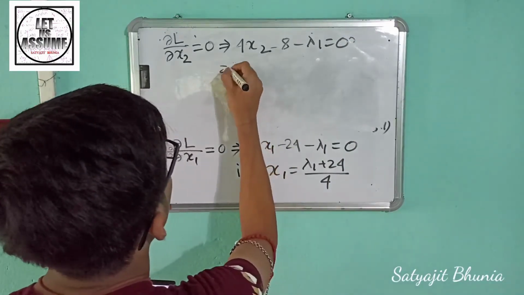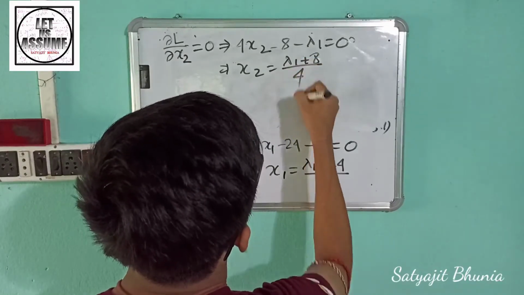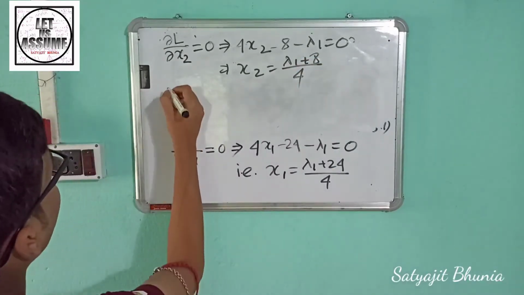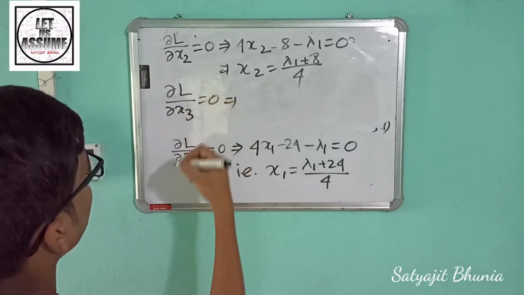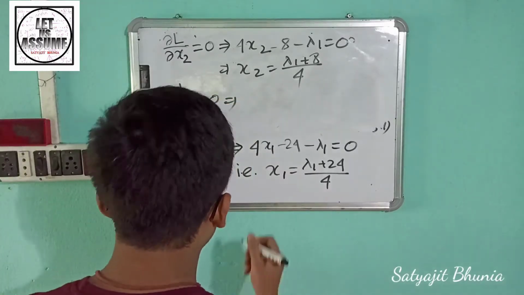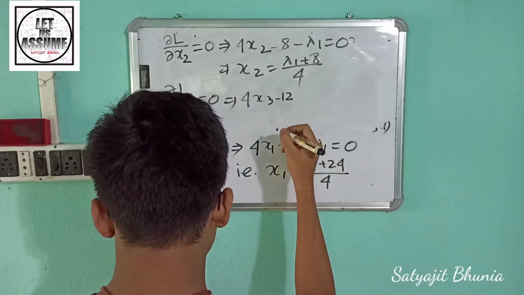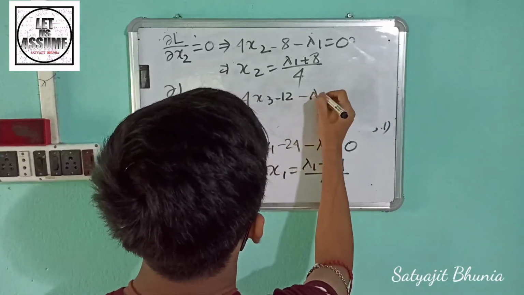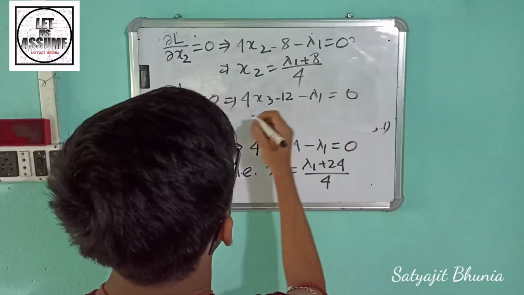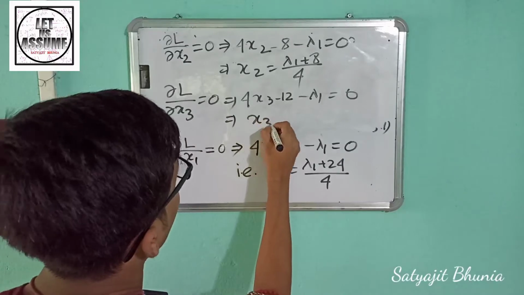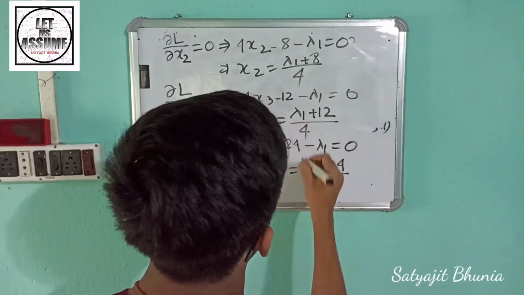This gives x2 equals (lambda 1 plus 8) by 4. Again, del L by del x3 equals 0 implies 4x3 minus 12 minus lambda 1 equals 0. That gives x3 equals (lambda 1 plus 12) by 4.